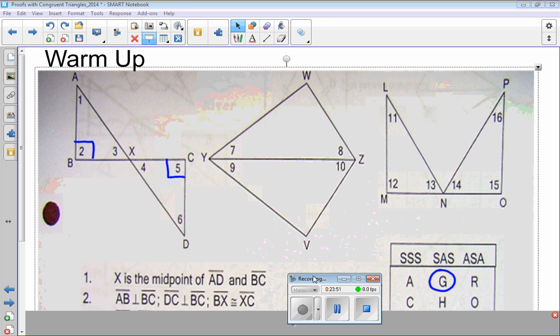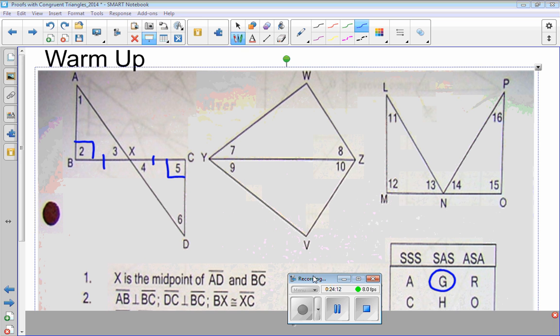We're also told in number 2 that BX is congruent to XC. We'll mark that. That's given to us. Do I have enough information right now to say that the two triangles are congruent? I need extra. I've used all my given information, so now I'm relying on my trusty 3. Do they share a side?